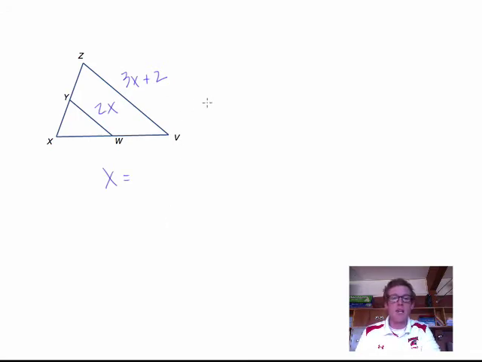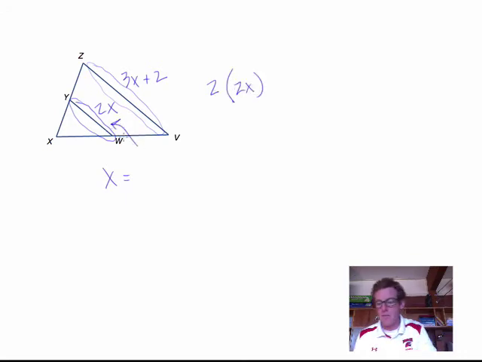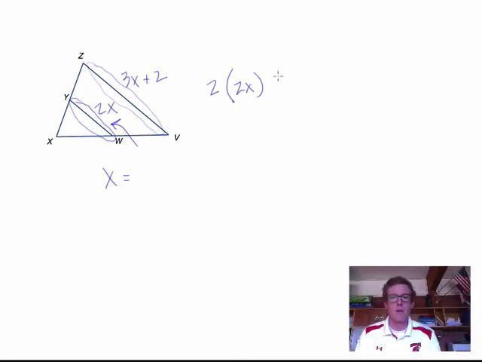So what we can do is we can say that since it takes 2 YWs to equal ZV, I can say 2 times 2x, because that's 2 of this length right here, equals 3x plus 2.